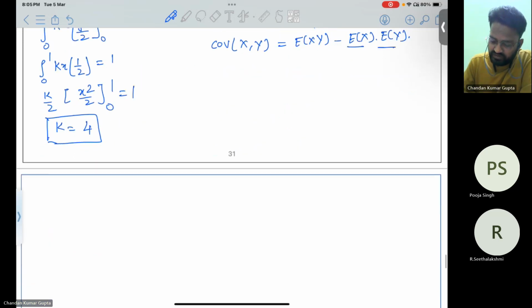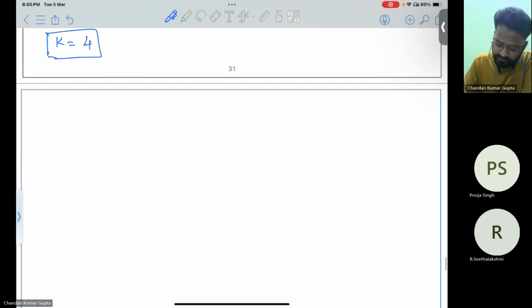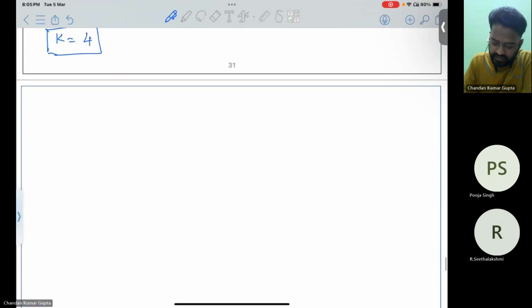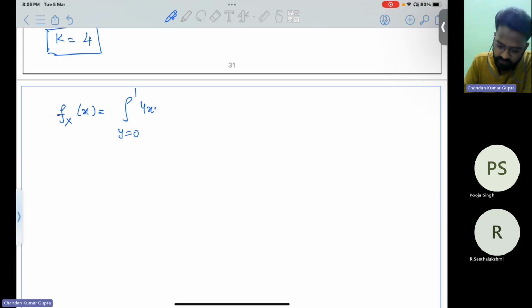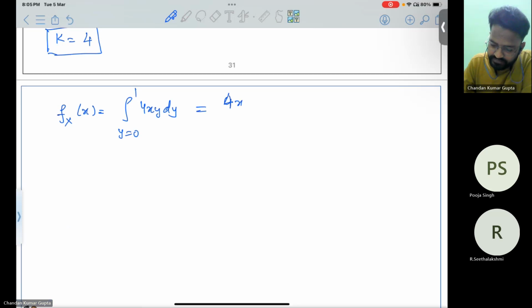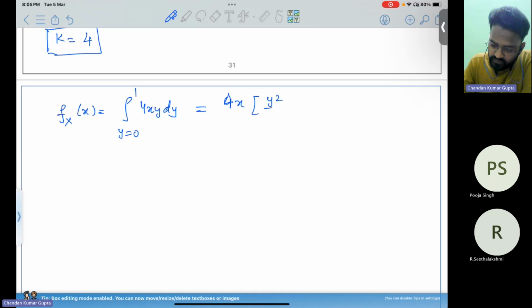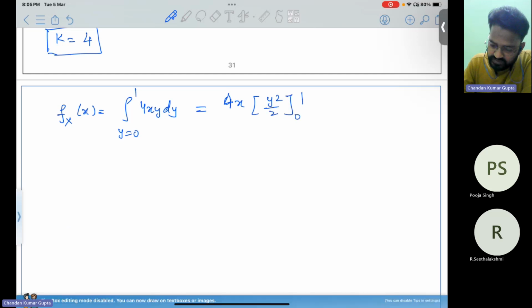So from here, fx is equal to the integral from 0 to 1 of 4xy dy, which is 4x times y square upon 2 from 0 to 1.